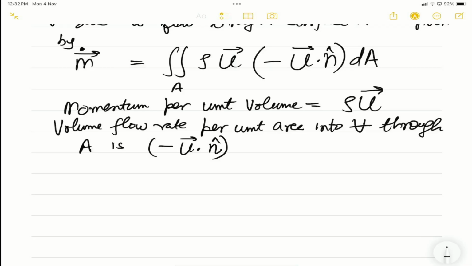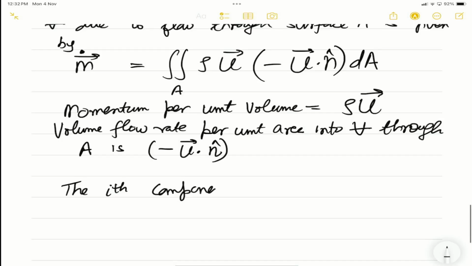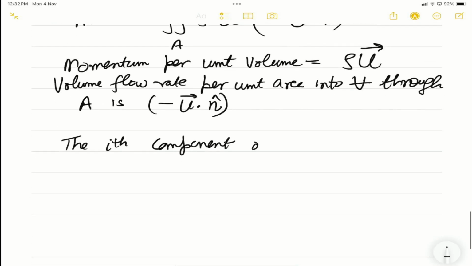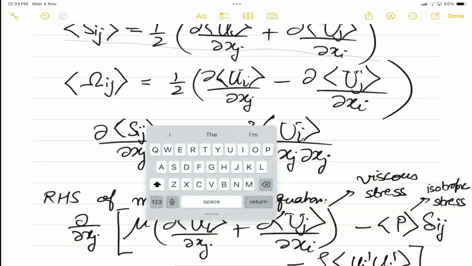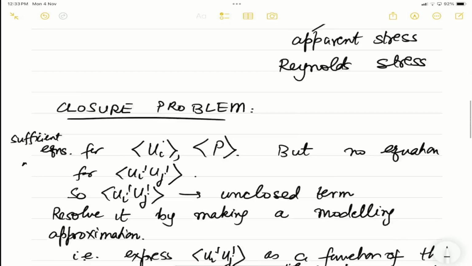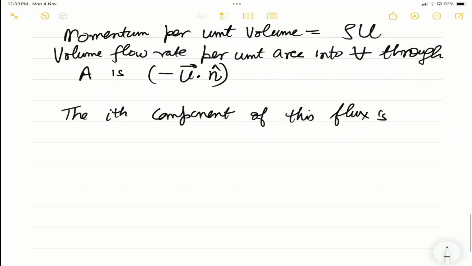So the ith component of this flux will be the ith component of the average momentum flux.